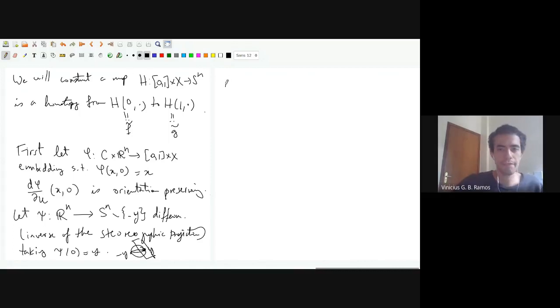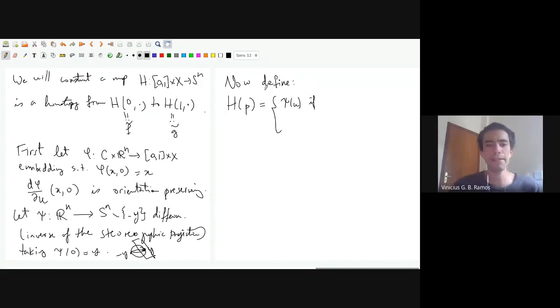Okay, now we can define H of P to be psi of u if P is in the image of this embedding, so if P is in this tubular neighborhood, then I just take this function psi, where phi of xu equals P. And otherwise, I just take it to be constant equal to minus y, if P does not belong to the image of phi.